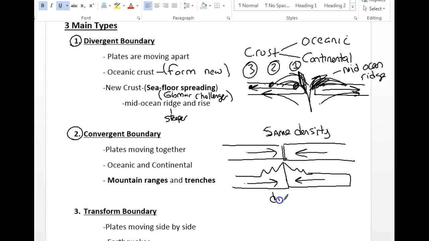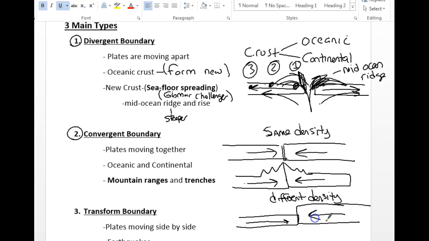If they're different density, I'll leave some room because we got one more thing after this. If they're different density, and that's the true if it's oceanic, this one's going to come this way. This oceanic is thicker, less dense, but the more dense is what's going to happen is it's going to go underneath. So then this crust starts bending, and instead of forming these mountain chains, one goes underneath the other.